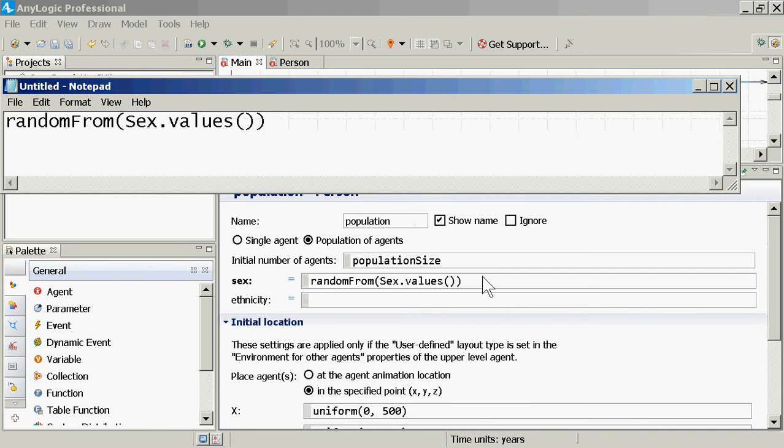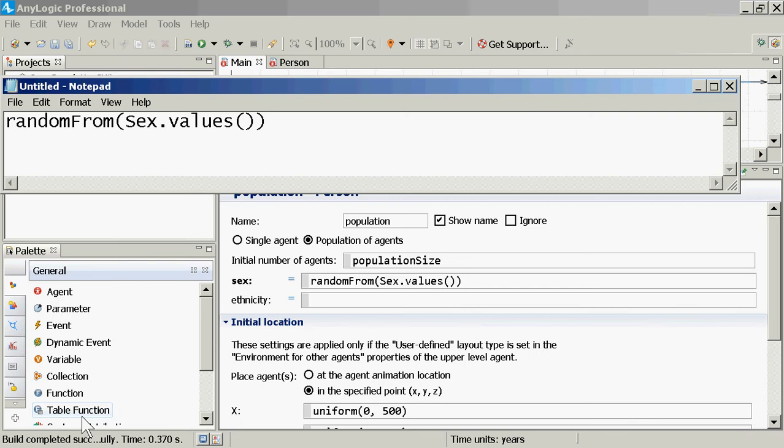Build early, build often. Use your build functionality. Get it to check your model. Get it to tell you if it doesn't understand your model. The build basically says, do you understand my model? And if it says it does, it doesn't mean your model's correct. It just means your model is something that AnyLogic thinks it understands. Are people okay with this?